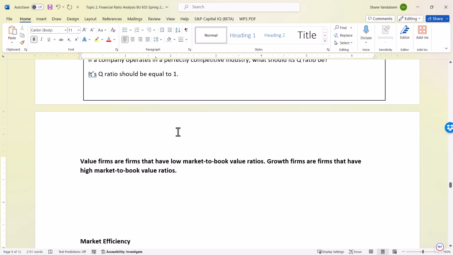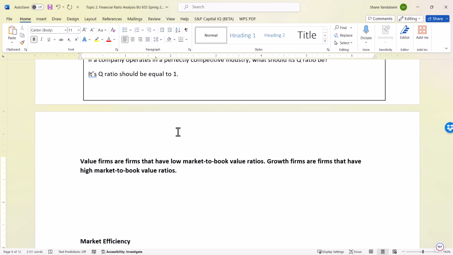Over the past 10 decades, value firms have traditionally outperformed in the long run growth firms in terms of stock returns. This wasn't true for the decade ending in 2020, and that's only because of the year 2020, really, in which growth firms outperformed value firms by a large margin there. But in most cases, over time, value firms have outperformed growth firms.